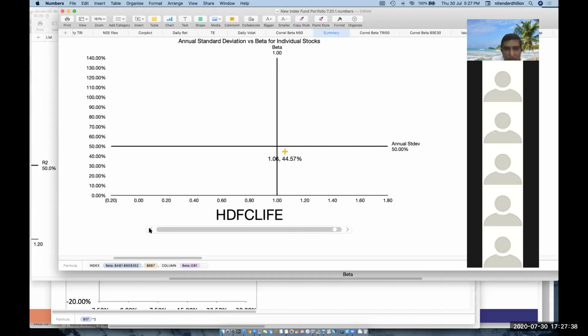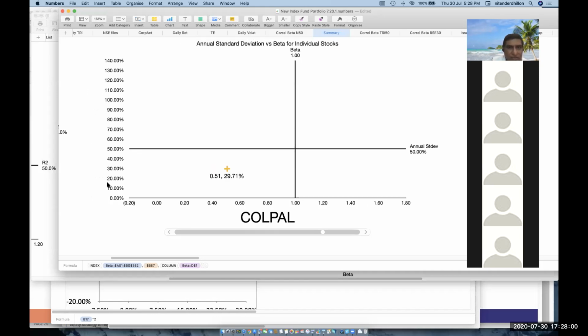Okay, let's see the banks. Okay, so let's start again. This is the FMCG sector. Betas on the x-axis and y-axis is standard deviation.